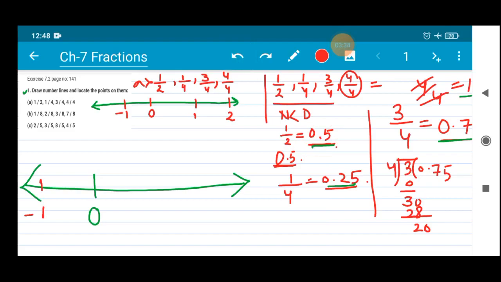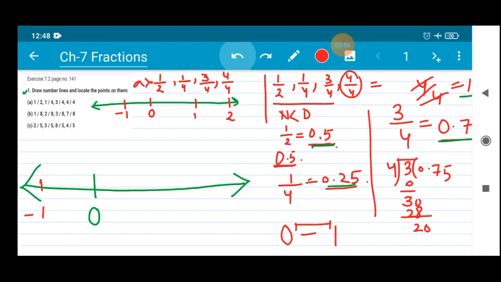But I have expressed them in decimal form. Now you will come to know why I have done this. You will see that the numbers represented here, 0.25, 0.5, 0.75, all come in between 0 and 1. These numbers lie in between 0 and 1.